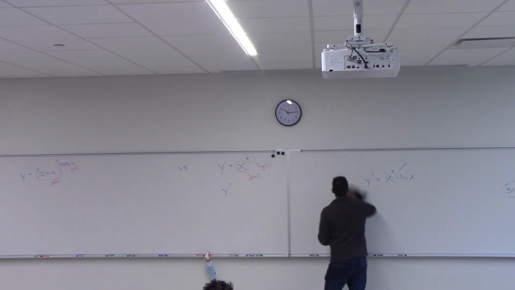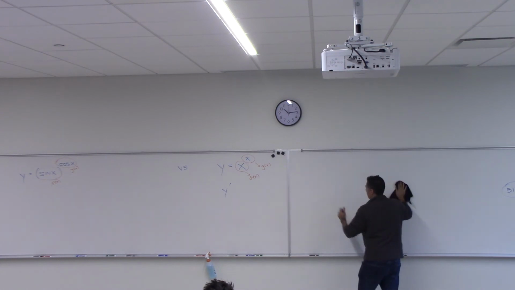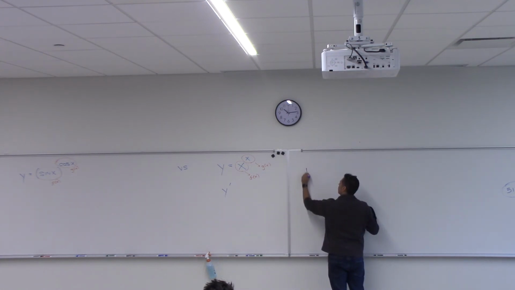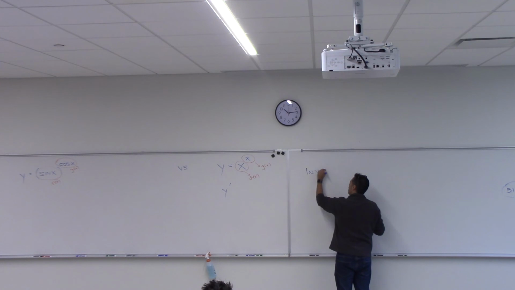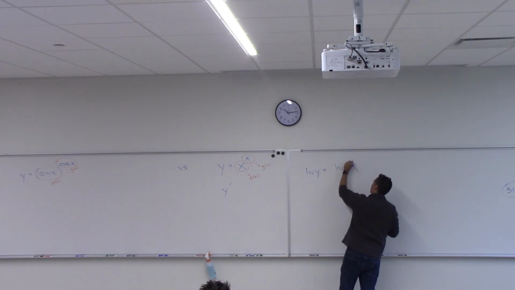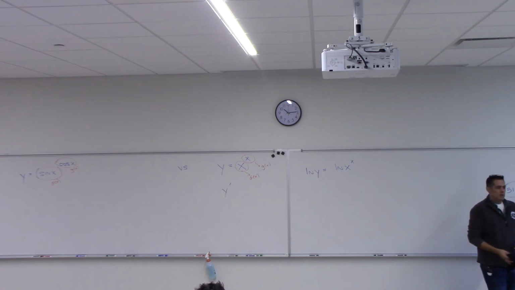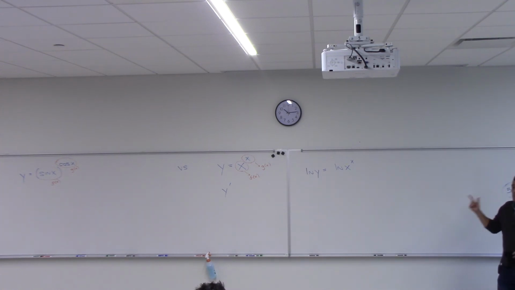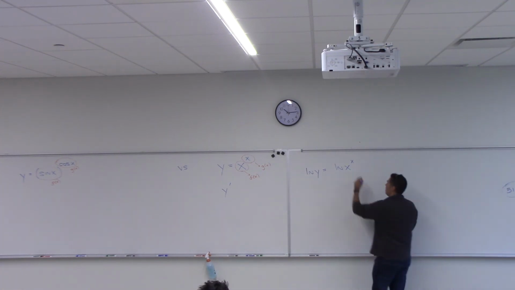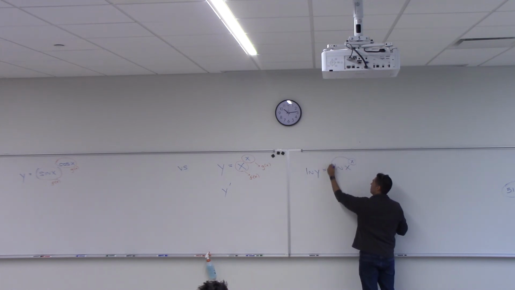So I'm going to start the problem by first taking the log on both sides. Natural log of y equals natural log of x to the x. Then I'm going to use the property of logs on the right-hand side, take this power and drop it down in front.